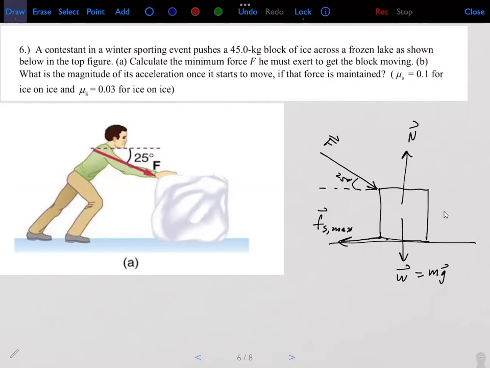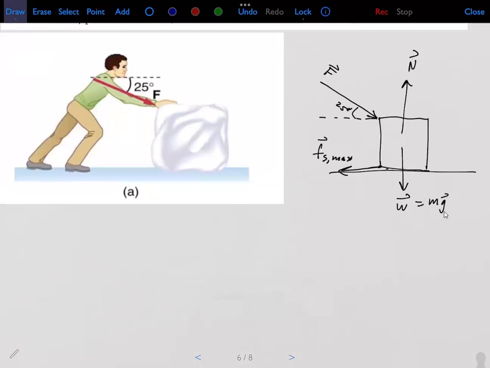So this force vector is going to have two components, right? If I draw this out here, this force vector, the applied force, will be in the fourth quadrant, like this. This is 25 degrees, and it's going to have an x component, so Fx, and then a y component, Fy.